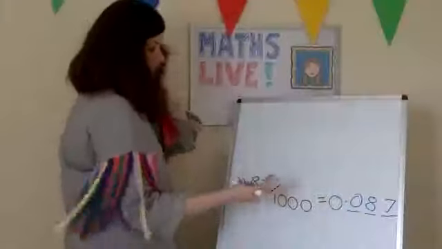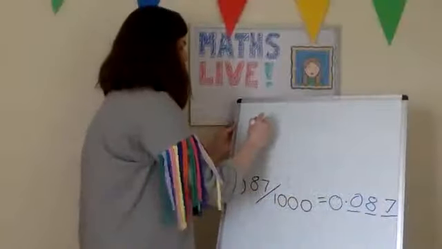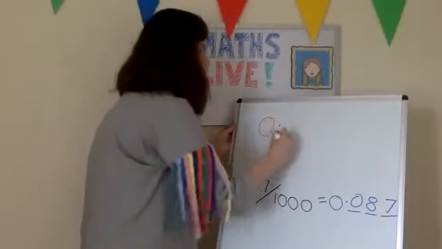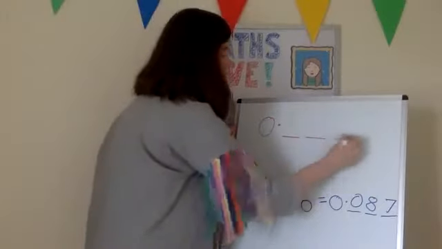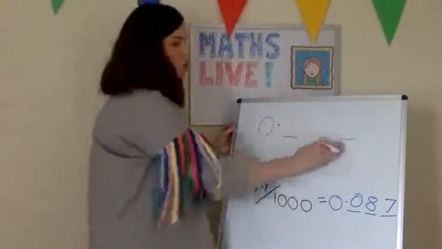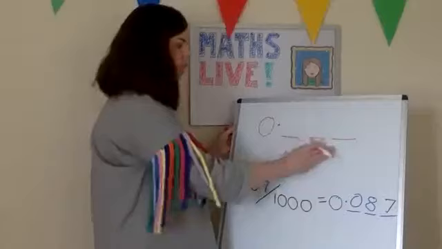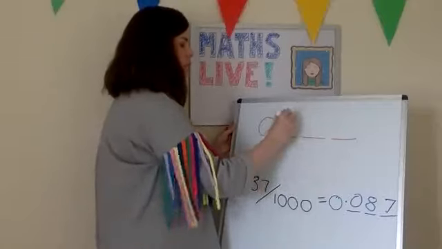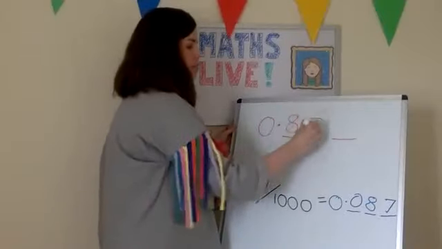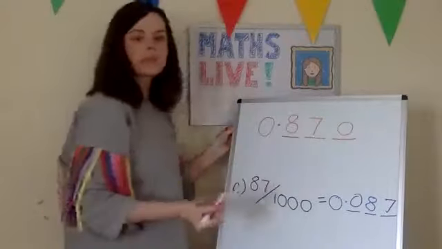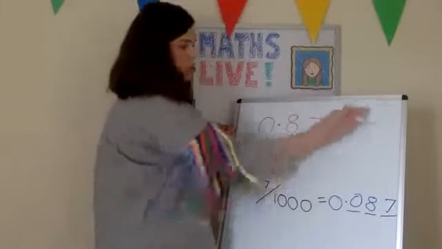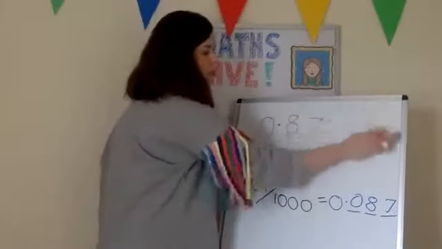It's this answer because if we do 0 point and we've got a 1, 2, 3, remember it has to go across all 3 of them. Now, if we just put 8, 7, 0, if there's a 0 after that, it doesn't count.